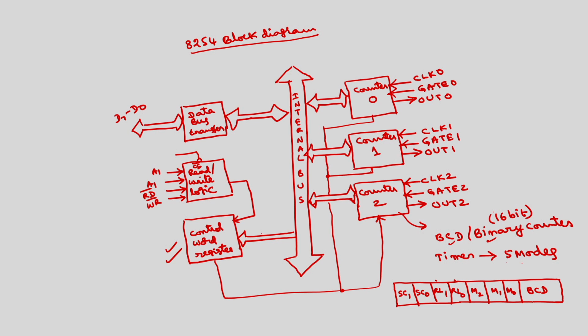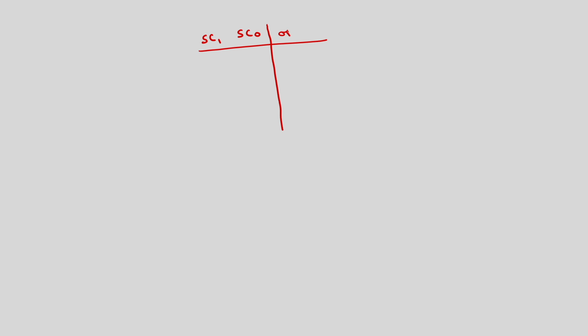Now the functions of these bits. The MSB 2 bits, SC1 and SC0, as the name implies, select the counter operation. 0 0 means counter 0 will be selected, 0 1 means counter 1 will be selected, 1 0 means counter 2 will be selected, and 1 1 is illegal.